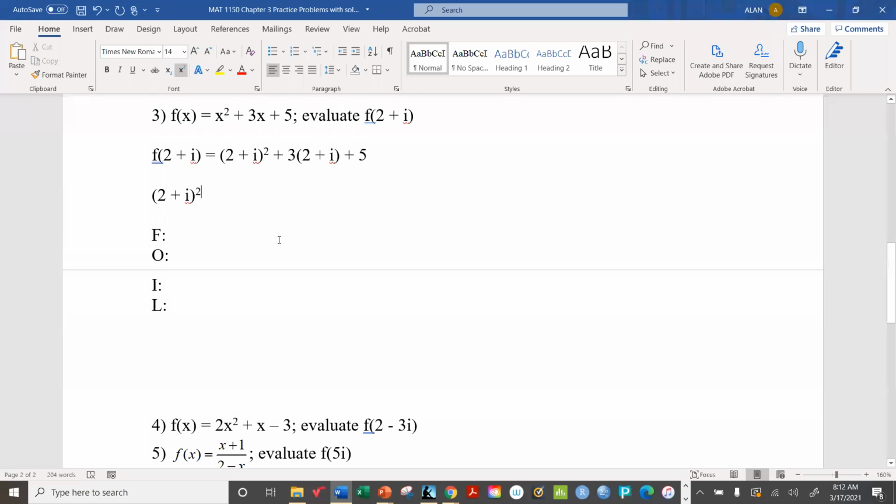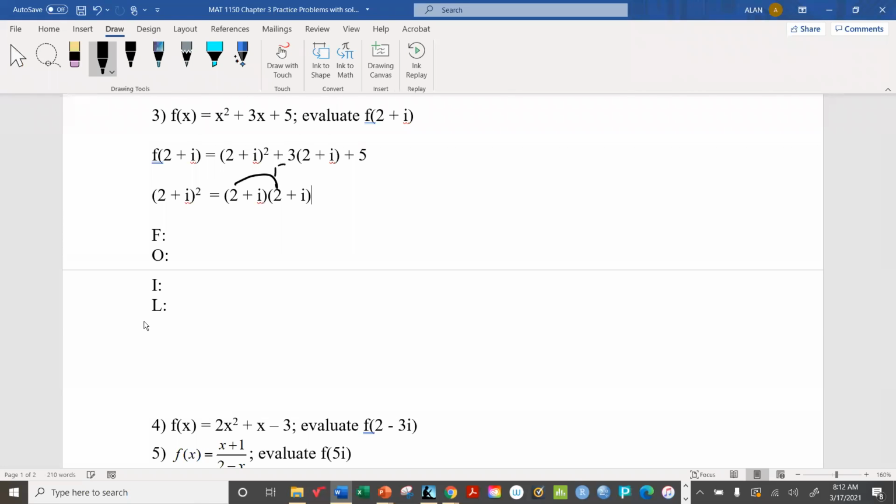So in this case, let's write this as (2 plus i) and (2 plus i). And so F is clearly the 2 times 2. O would be these two. This would be I, and this is L. All right, so for F, we're getting 4. For O, we're getting 2i.